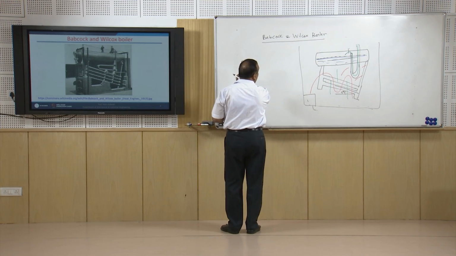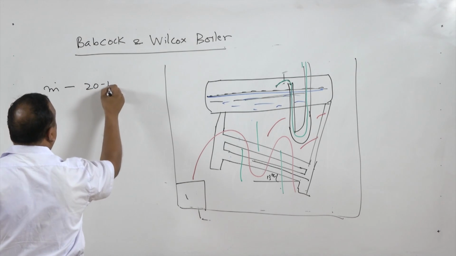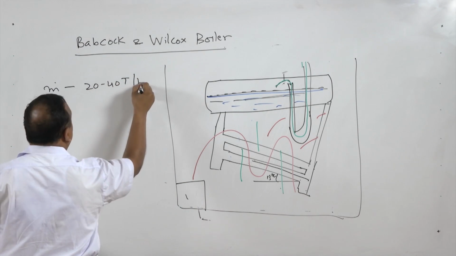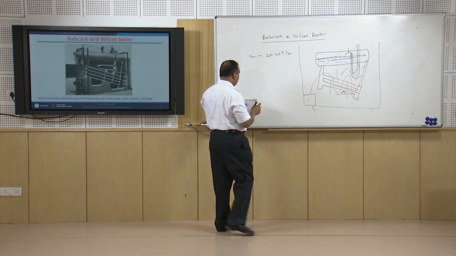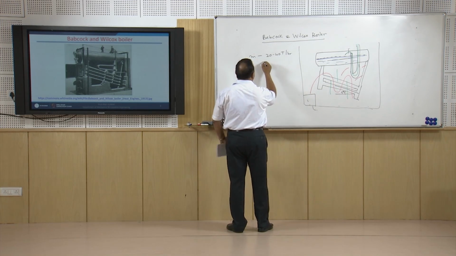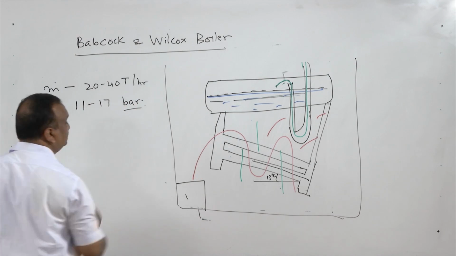Now this boiler can produce 20 to 40 tons per hour of steam, in a range of 11 to 17 bar pressure, right?